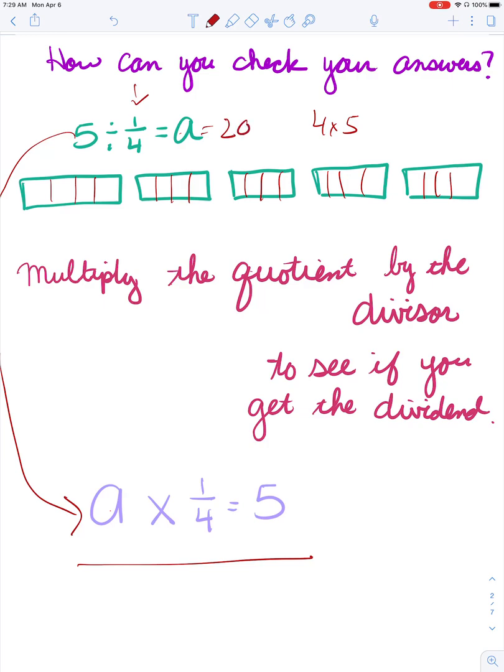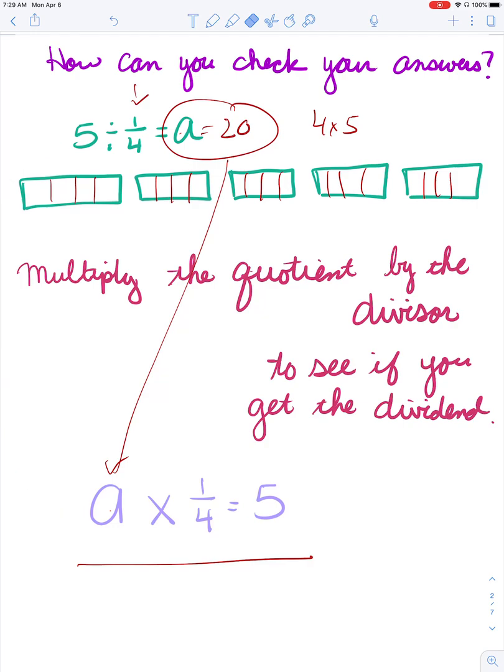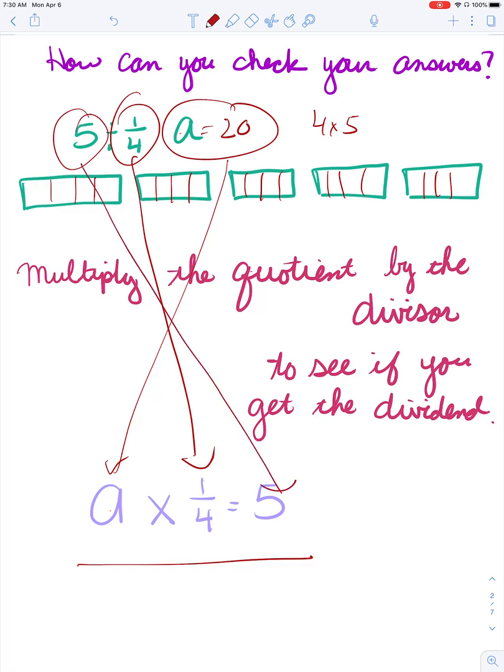And in this particular way of checking, you're going to multiply the quotient by the divisor, and then you're going to see if you get the dividend. So you're going to multiply the quotient. Here is the quotient, which is A is equal to 20. And then you're going to multiply the divisor, which is 1/4, to see if you're going to get 5.